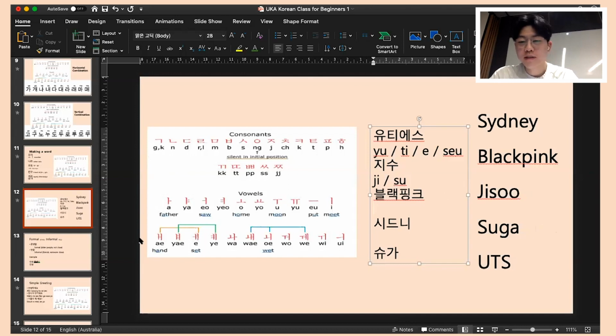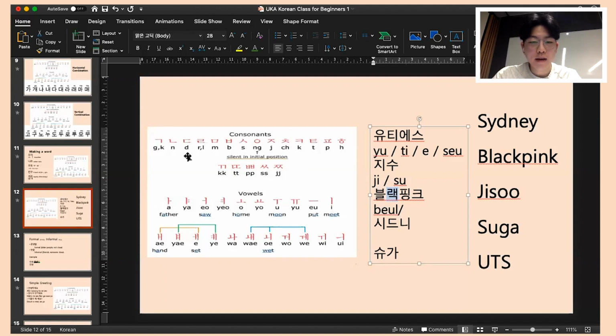Yep, BP, Blackpink. In Korean, you will say Blackpink. B. Okay, let me write it. B, E, U. The bottom sound, R or L. And then you've got another L sound.